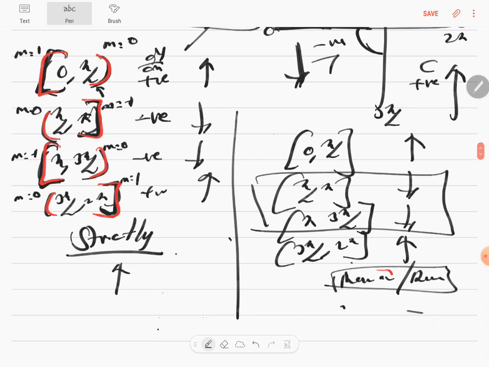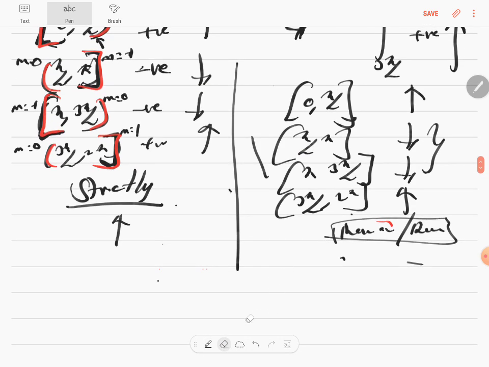I wrote the answer. I'm just thinking, can I consolidate these two and write it as one unit? Because anyway it's decreasing and decreasing. So can I write it from pi by 2 to 3 pi by 2? On the whole it's decreasing. So pi by 2 to 3 pi by 2, on the whole itself it is decreasing.